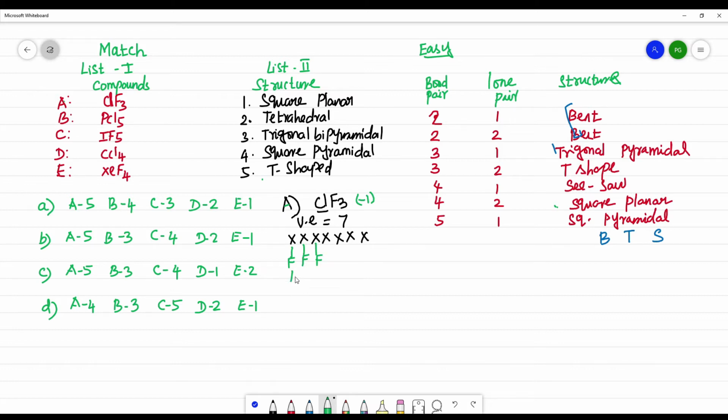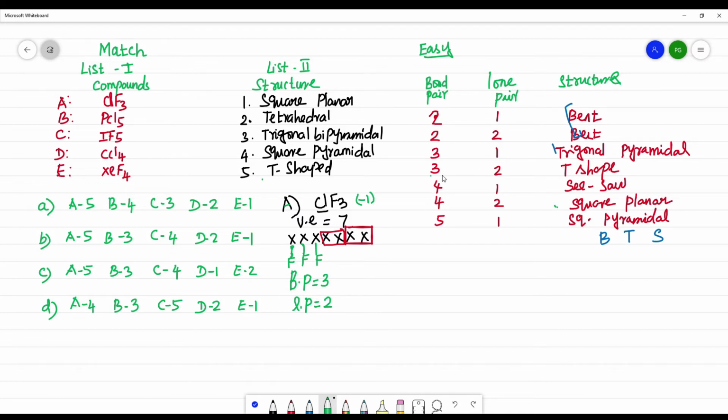Now calculate the bond pair. This is 1 bond pair, this is 2 and this is 3 bond pair. And calculate the lone pair. This is 1 lone pair and this is another lone pair. So what is the number of lone pair? You have 2 lone pair. Now go to the table.